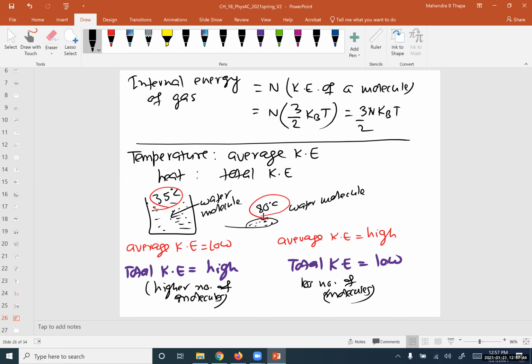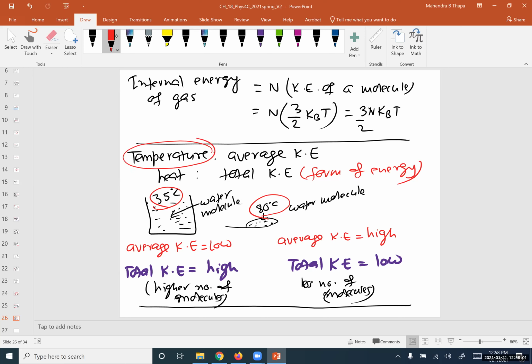So these examples will tell you that heat and temperature are not the same thing. Heat is a form of energy. Temperature is not a form of energy.